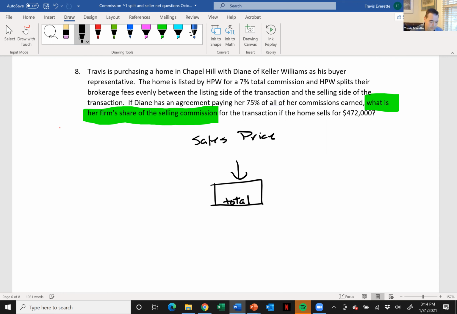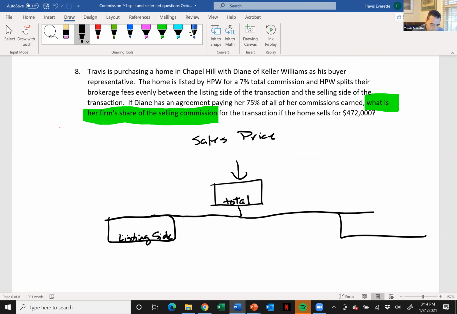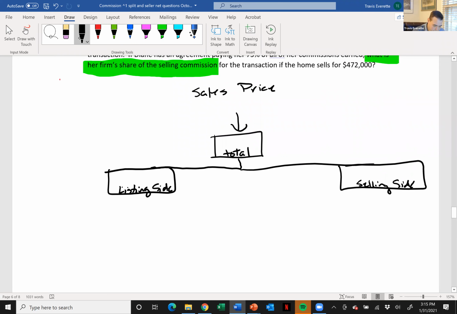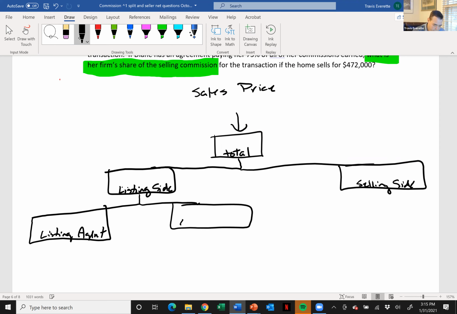I'll put that in the box right there. And I know from that total, I'm going to have the listing side and the selling side. And then I'm going to split those again, and we're going to have the listing agent and the listing firm.